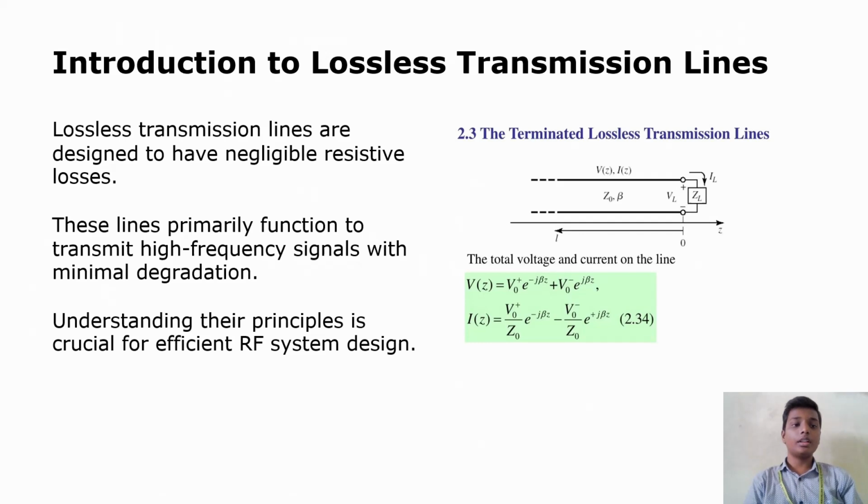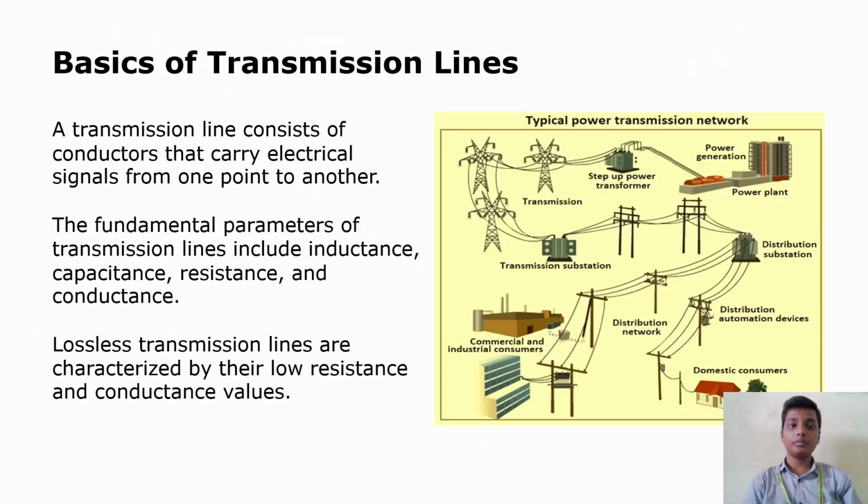Transmission lines are designed to have negligible resistive losses. These lines primarily function to transmit high frequency signals with minimal degradation. Understanding their principles is crucial for efficient RF system design.